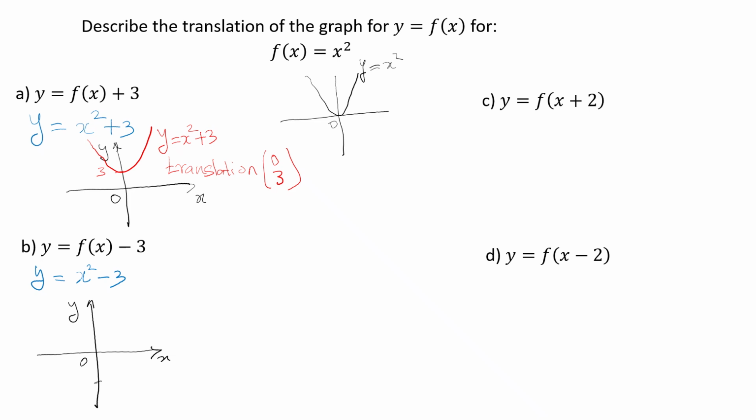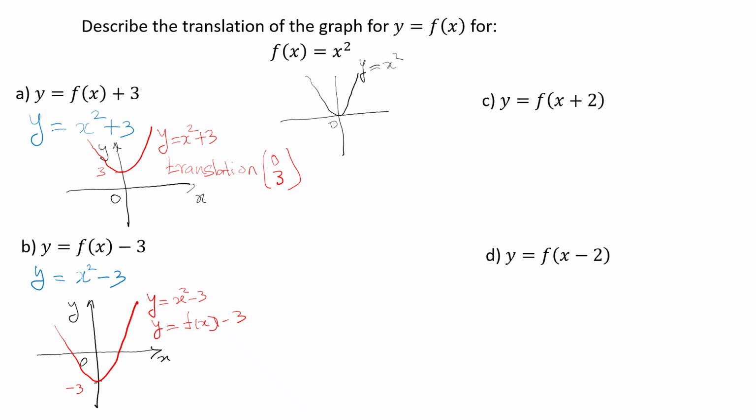The x value is not changed. The y value is changed. So the graph is going to be this way. So this is y equals x squared minus 3, or y equals f(x) minus 3.